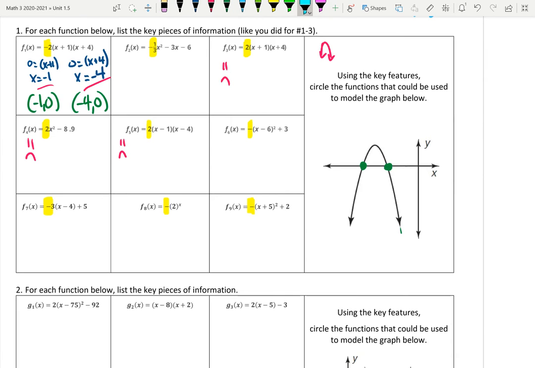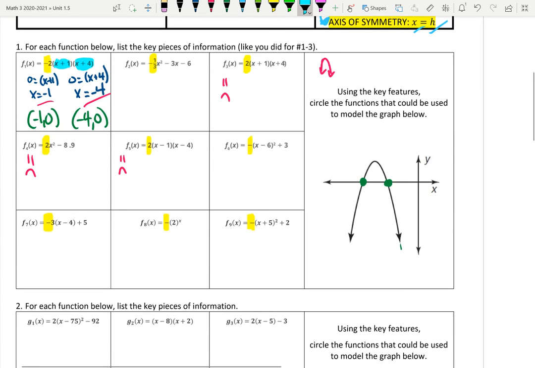Keep in mind though, team, even though it's an x plus 1 and an x plus 4 in the equation, this is secretly telling me that the x-intercepts are going to be negative. The reason is if I rewrite the first equation in factored form, it is going to produce x minus -1, and then x minus -4, and voila.